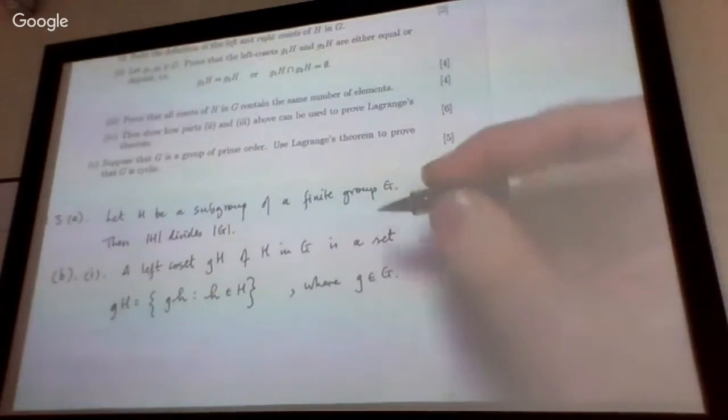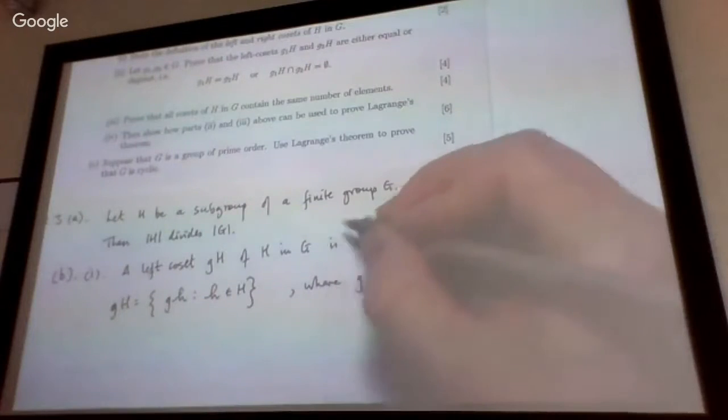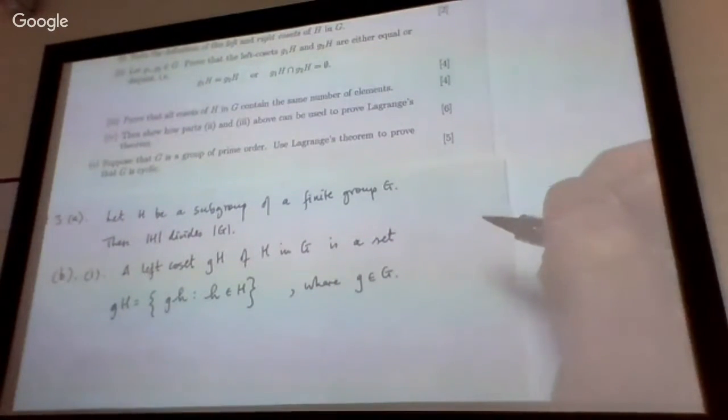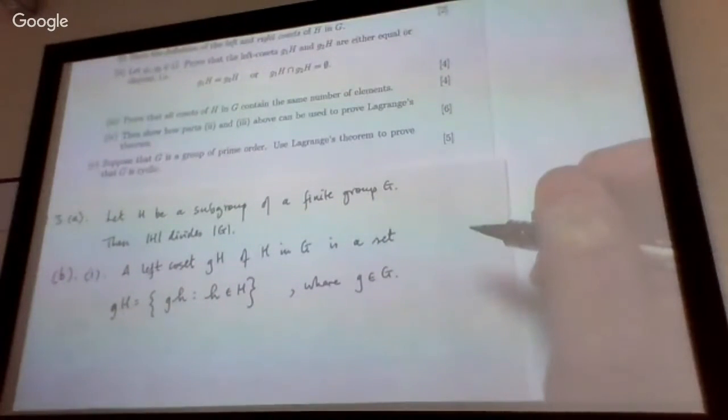No, I don't think you said generated by g. Coset of H represented by little g. You used to use the word representative.